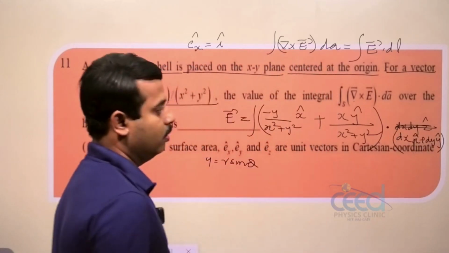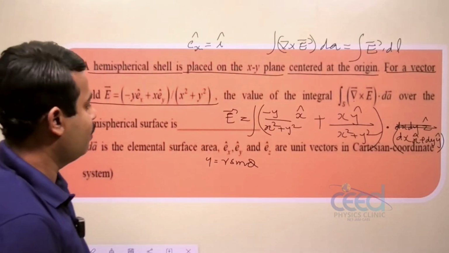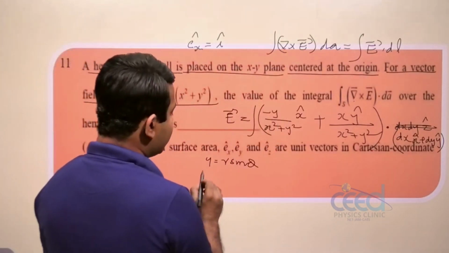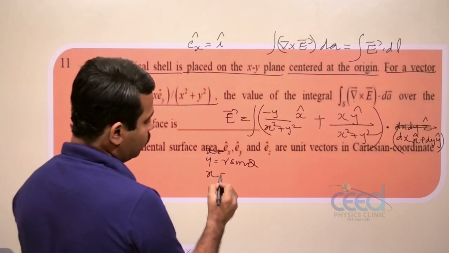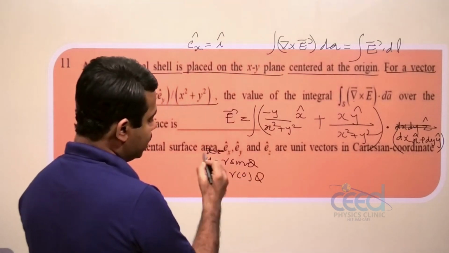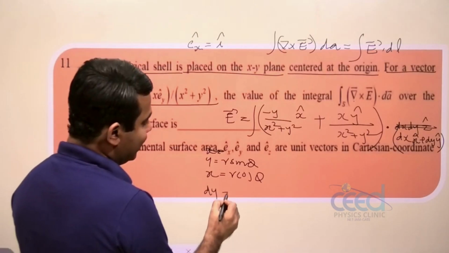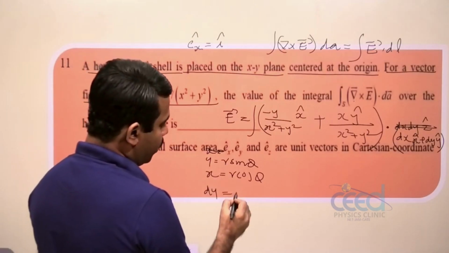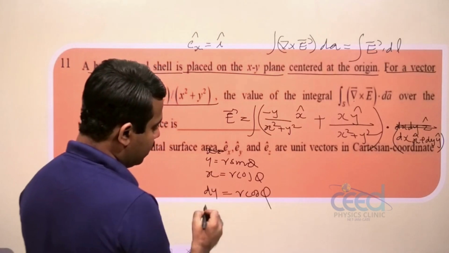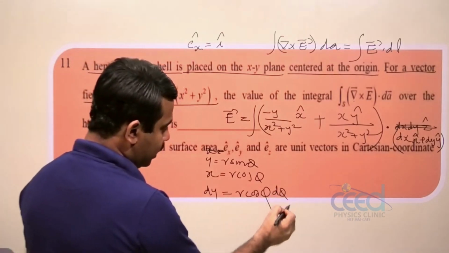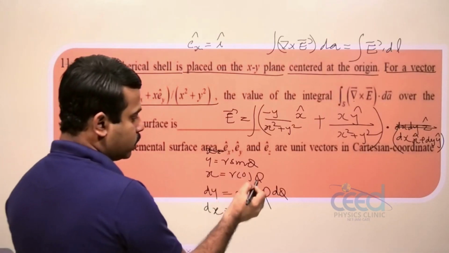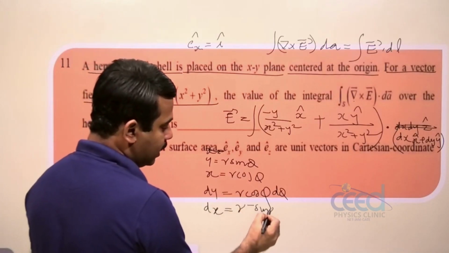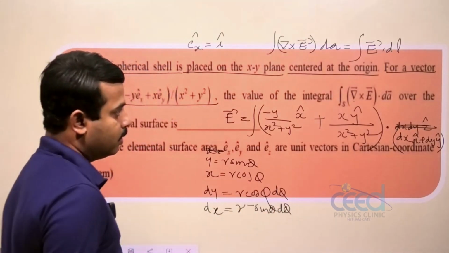Now put x is equal to r cos theta, y is equal to r sin theta, dy is equal to r cos theta d theta, and dx is equal to minus r sin theta d theta.